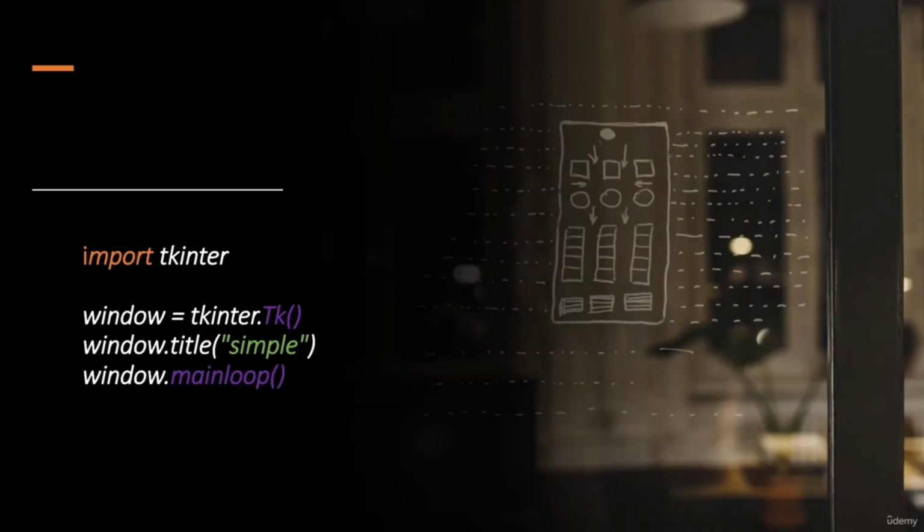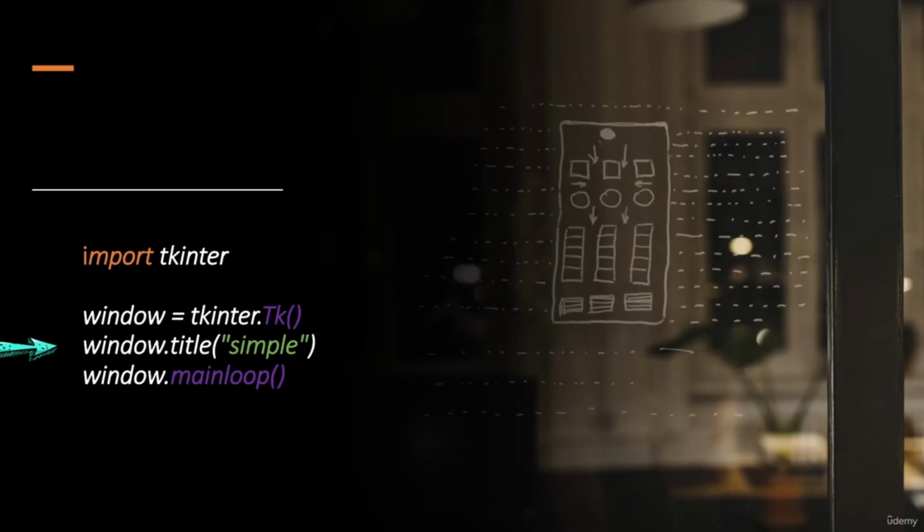In this lecture, we will change the title of our window, which currently shows Tk. We will change it to simple. So the first step is to import our tkinter package. Next, we'll create an empty window. Next step is to utilize a method called title, which allows us to change our window title.